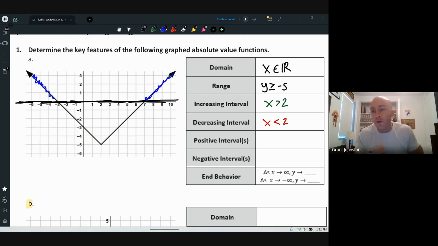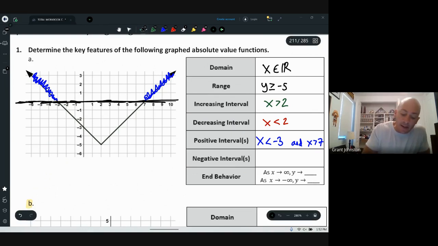Those two parts of the graph can be defined like this. This part over here on the left is when x is less than -3. And another time it's positive is this part, and that's when x is greater than 7.